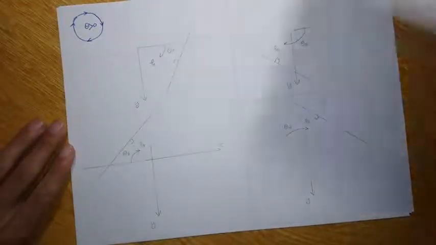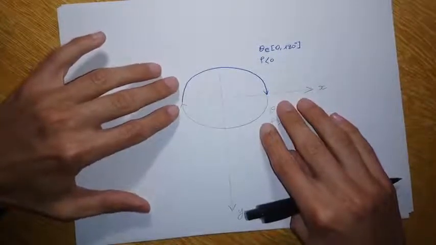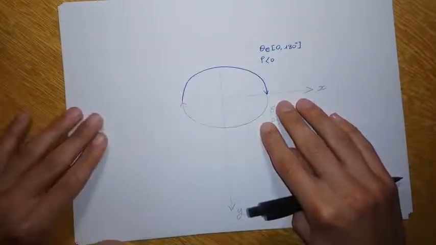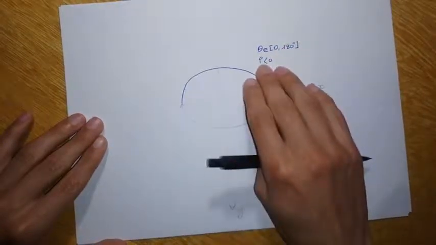So this is an explanation just to summarize what I just said about the range of theta and the sign of rho.